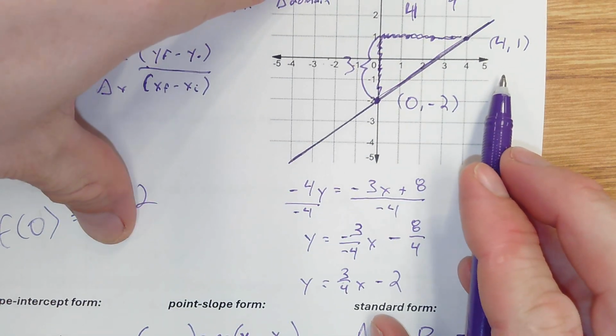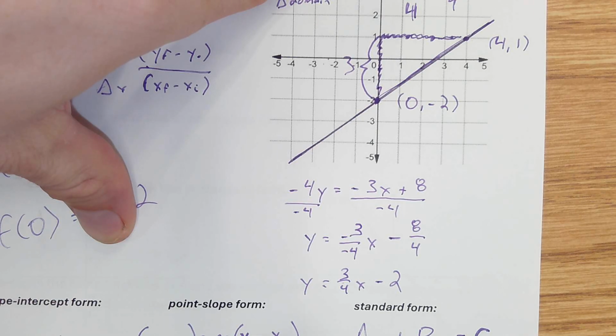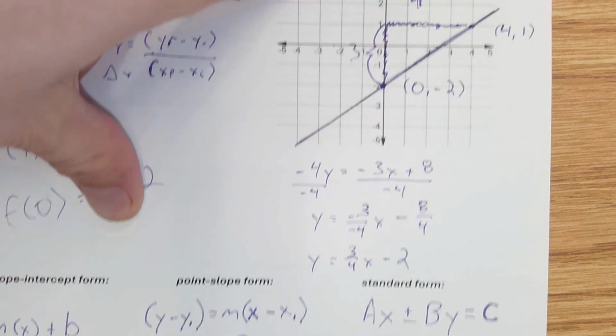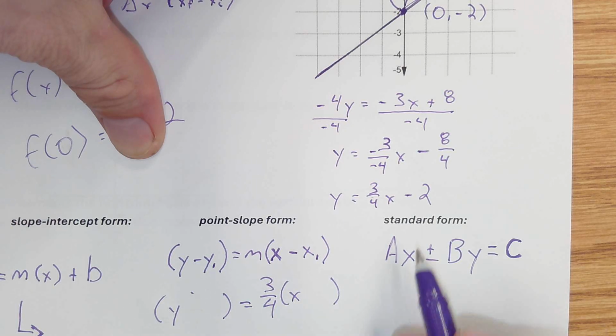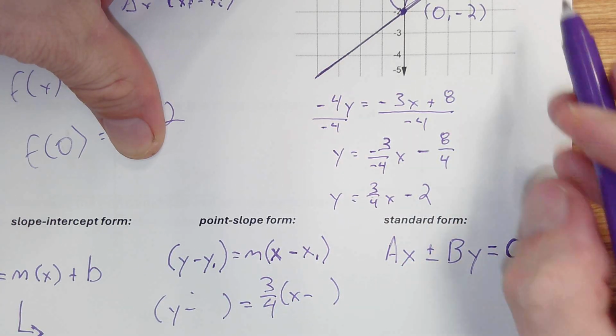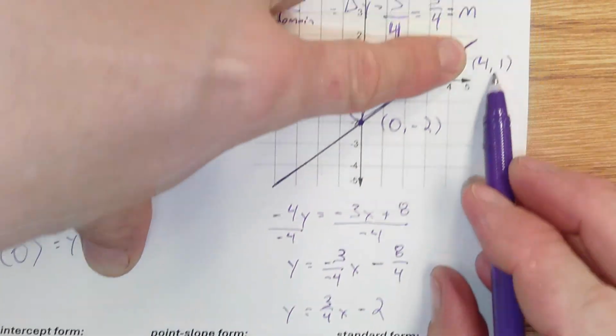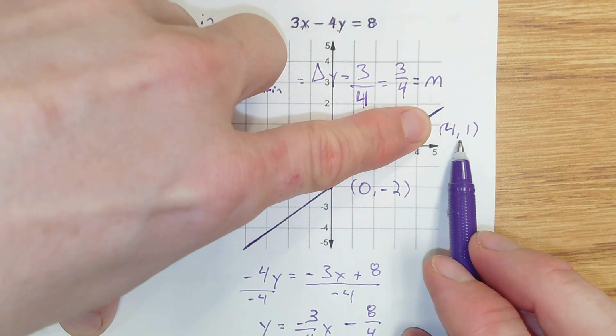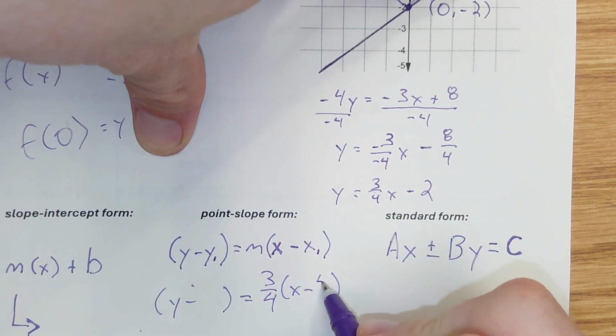Okay, so I'm going to set up my parentheses equals my slope, my other parentheses, I have my y and my x, right? Just like that. And then I'm going to go minus and a minus. And then I'm going to pull my x value from up here, which is this, 4.